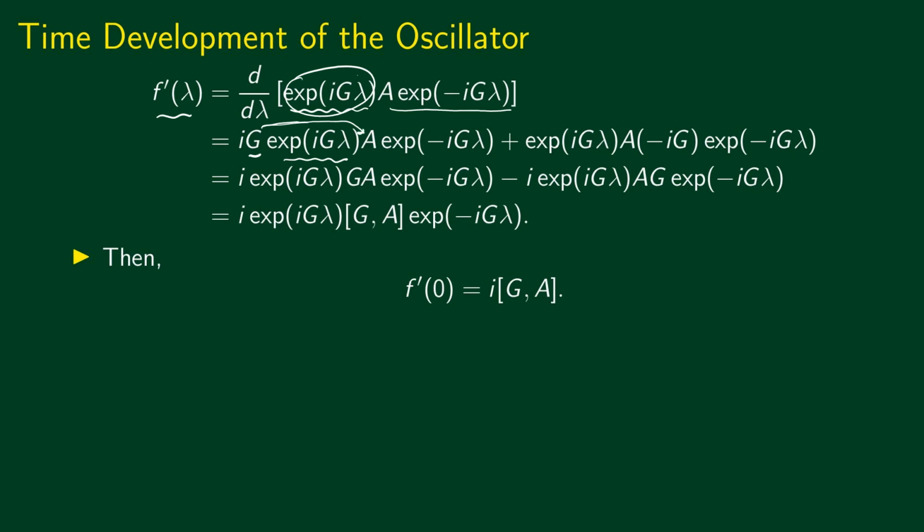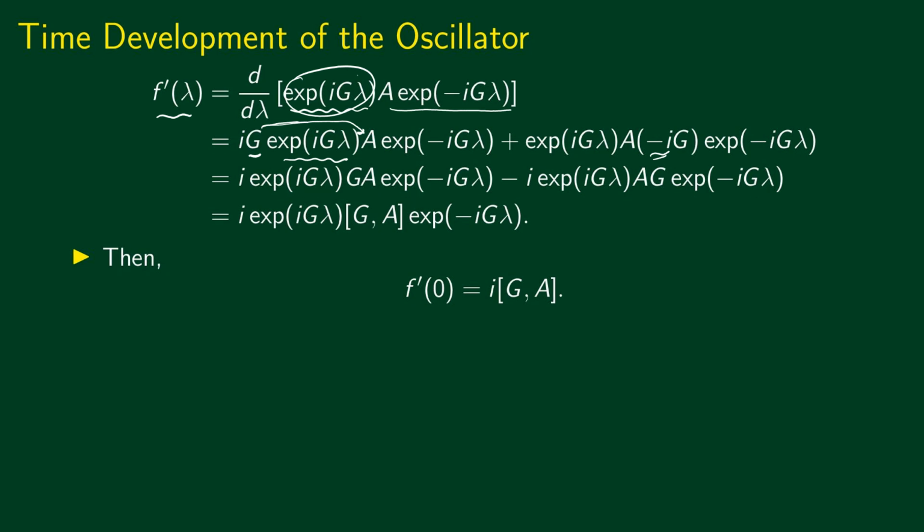So the first term I write as i exponential ig lambda, g a exponential minus ig lambda. Over here we have a minus i, which I bring to this side, and the second term becomes minus i exponential ig lambda, a g exponential minus ig lambda.